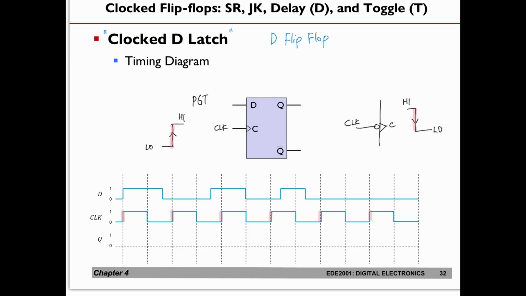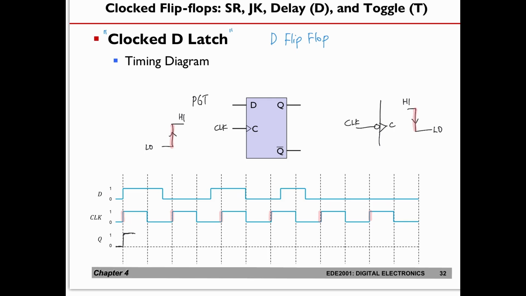Say that the Q starts from a 0. At the moment where the clock goes from 0 to high, let's say that the D is already a 1 at that point, so your Q actually goes up to a 1. After it goes up to a 1, for the rest of this time, from here to here, the Q will not change state, because at that moment your flip-flop is latched.